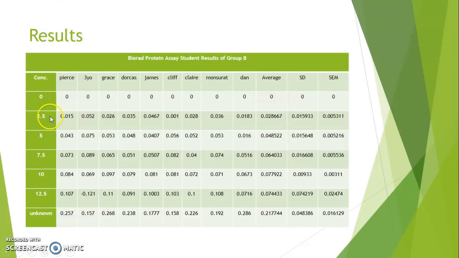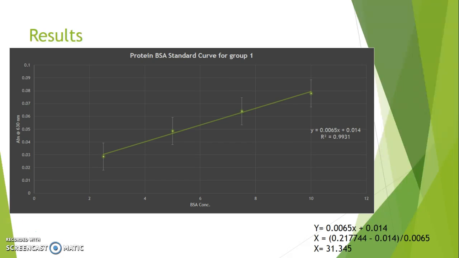On the left is the concentration from 0 to 12.5, and then the unknown concentration for each individual's protein. This data was then applied to a graph and used to normalize the data.